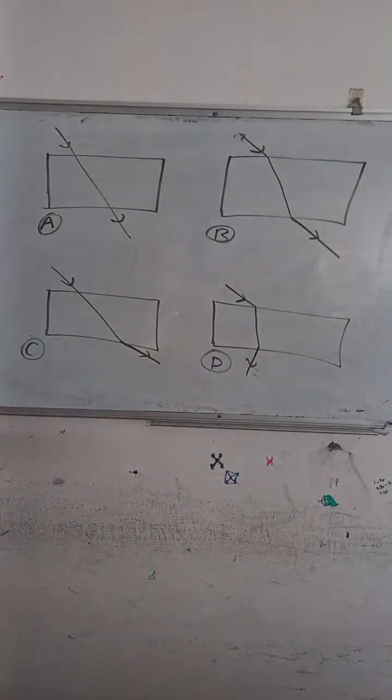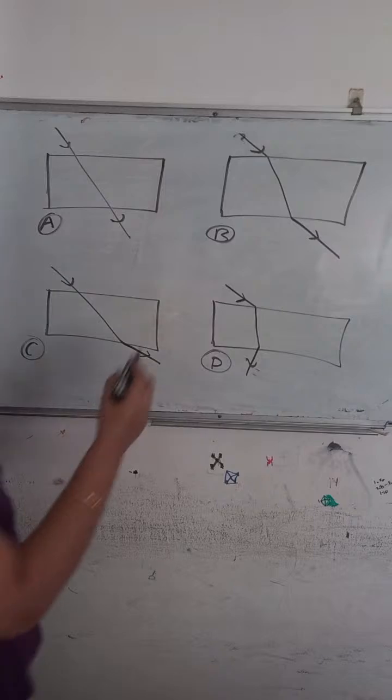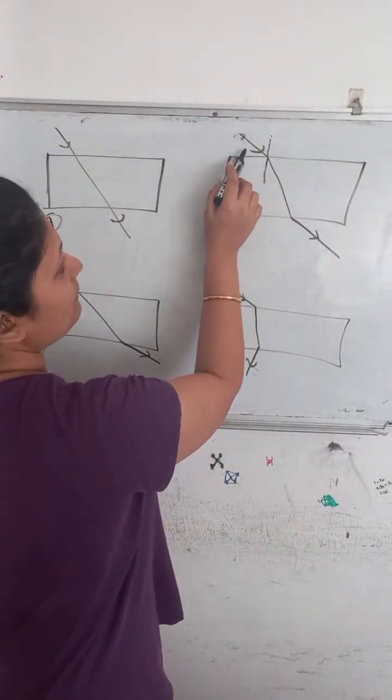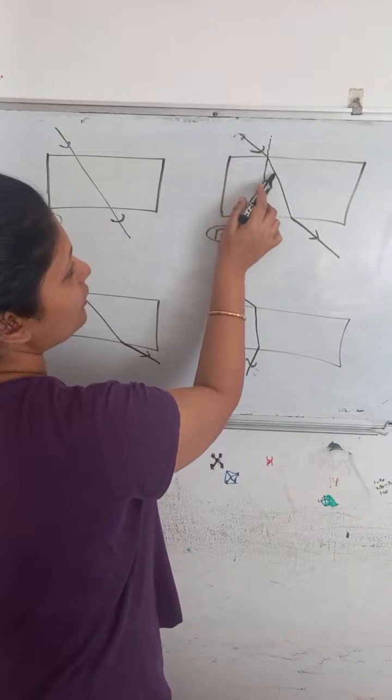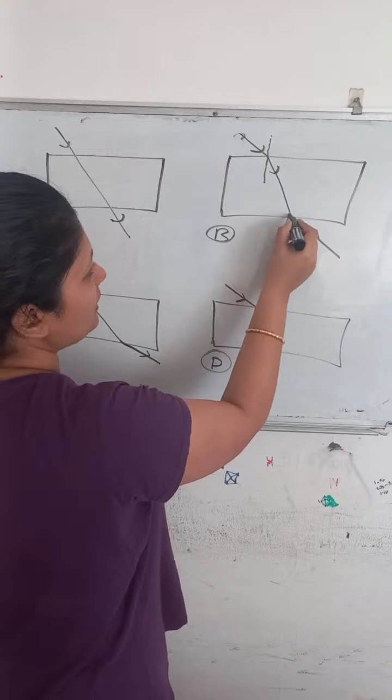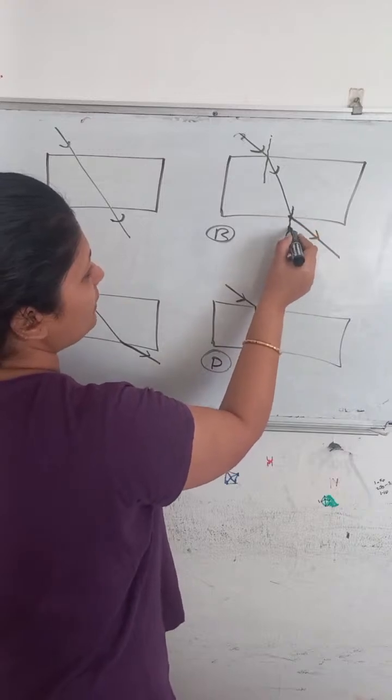We did this yesterday. This is nothing but refraction through the glass slab. Option B is the correct option. How is option B correct? Wherever there is an incident ray, draw the normal. The ray of light is traveling from rarer to denser, so it bends towards the normal, and when it strikes over here, again draw the normal.